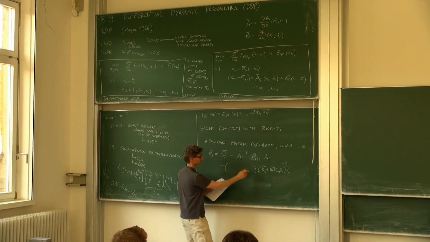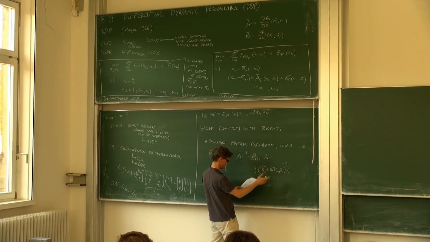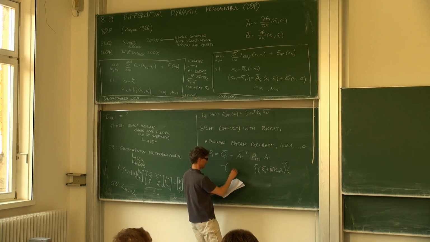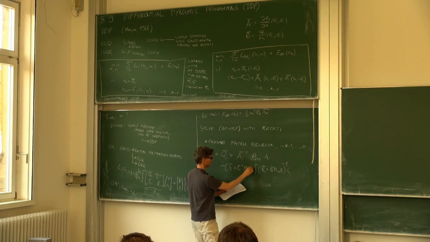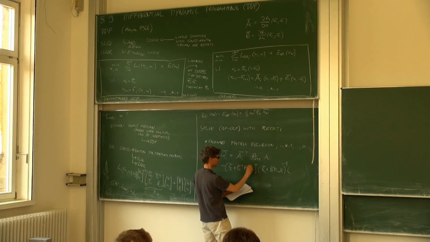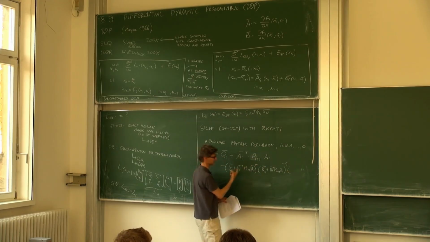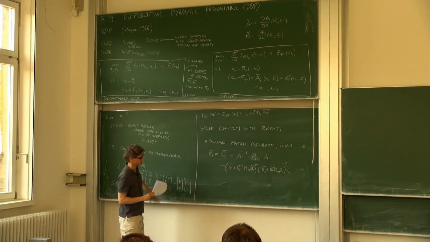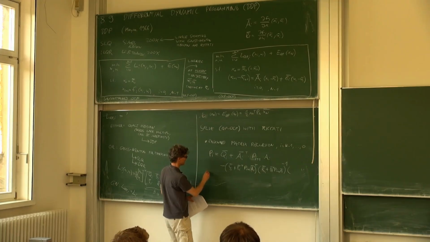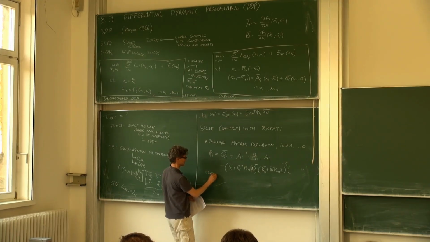And here was the cross term that is once transposed and once not transposed, and I should do the transpose at the right side. Maybe I write here transpose, and then I have S i bar plus B i bar transpose P i plus 1, and no, sorry, here's an A i bar. And here's the same. So that was the recursion, and we start, of course, starting at which value?